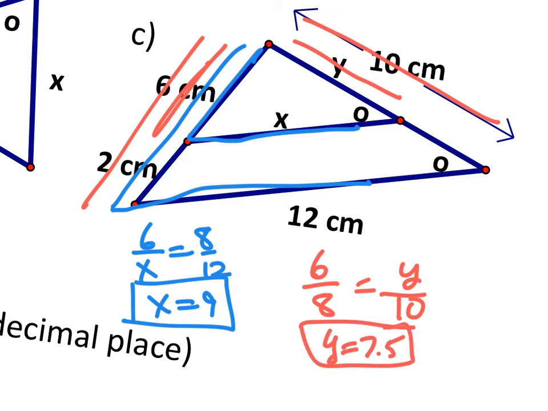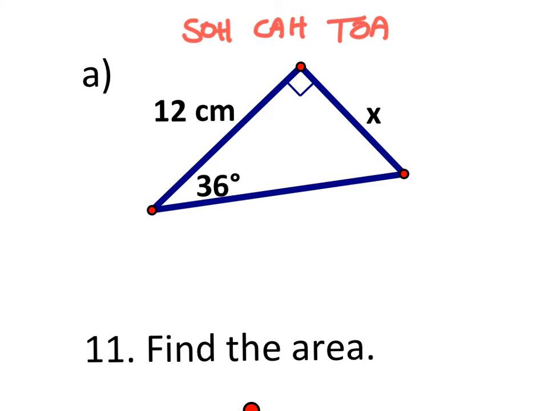So those are our answers. Next problem, applying SOHCAHTOA. Because we have an angle and a side, we're finding a missing side. From the 36, the x is our opposite side. The 12 is the adjacent side.